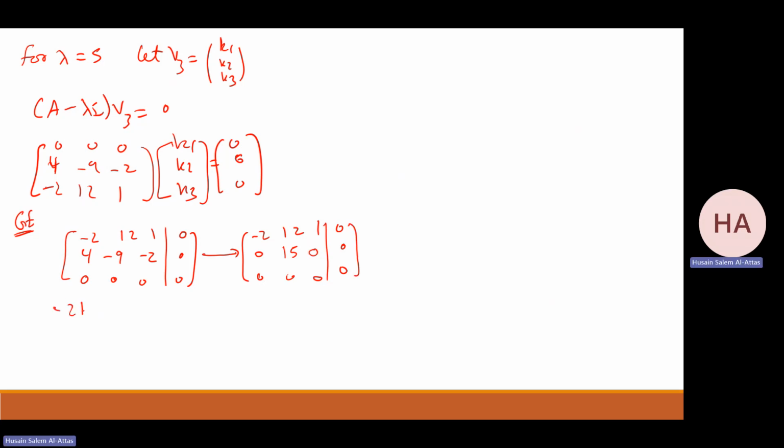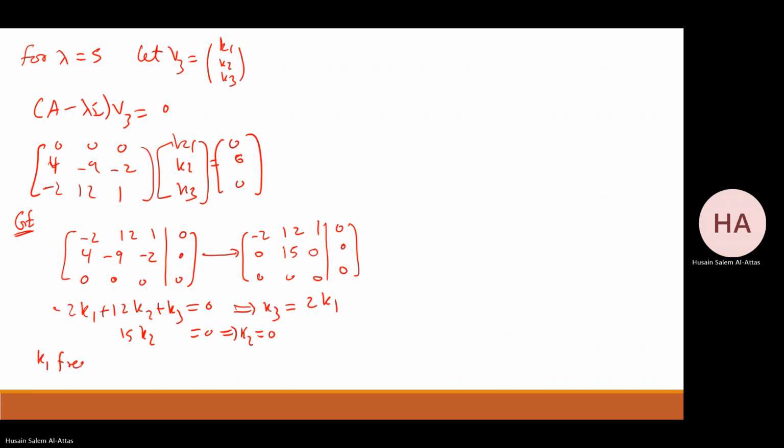I have minus 2k1 plus 12k2 plus k3 equals 0 and 15k2 equals 0. So I have k2 equals 0. And from here, I have k3 equal to k1. So I can let k1 be my free variable.